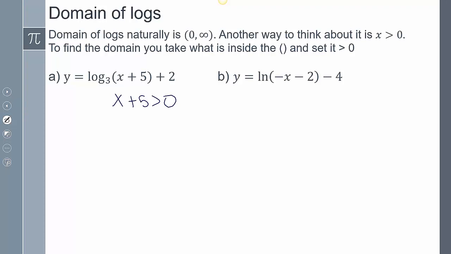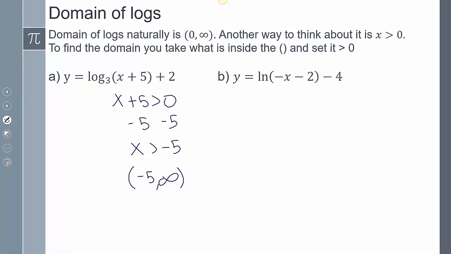And then I can subtract 5 on both sides, and so I get x is greater than negative 5. Creating that in interval notation, parentheses, because there's no equal to, it's going to be negative 5, and it's going to go all the way to positive infinity.